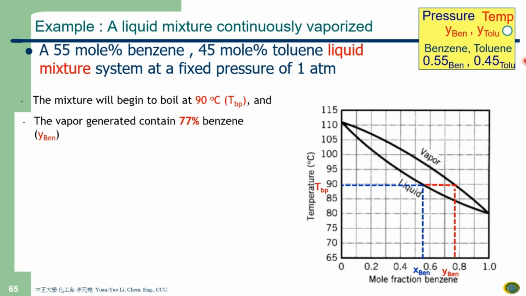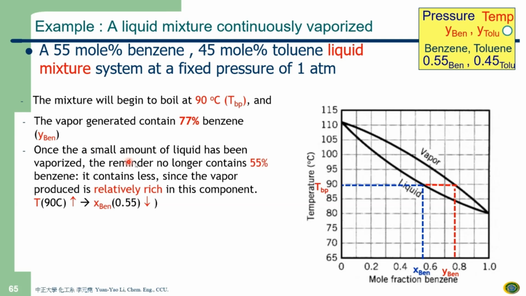Okay, so the other question is that once a small amount of liquid has been vaporized, the remainder no longer contains 55% benzene. It contains less, since the vapor is relatively rich in this component. So if we increase the temperature from 90 to 100, the benzene composition decreases, right?